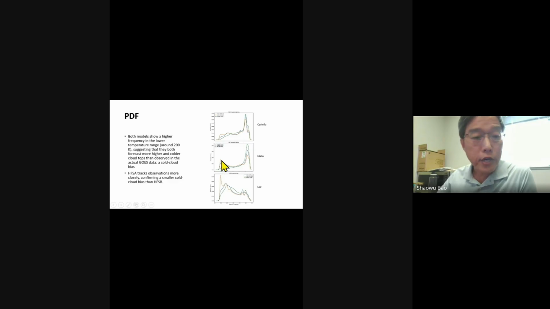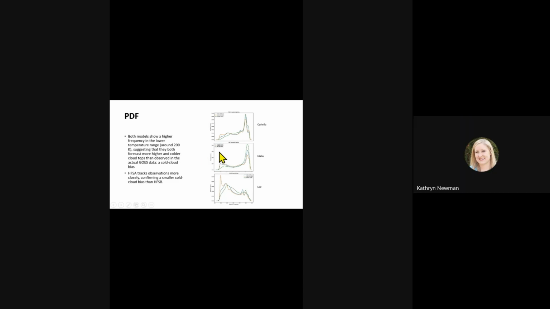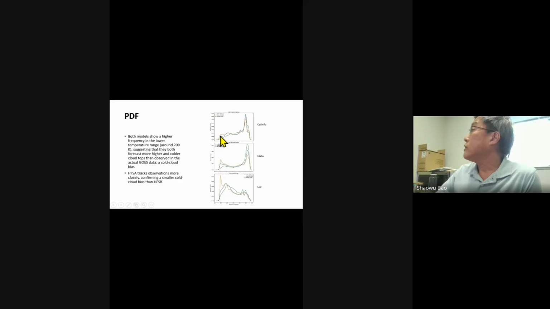Here, I'm not sure if you guys can see my mouse pointer. Okay. Yes. So you can see this is observation. Here is HAFS A, and this orange is HAFS B. From all these 3 PDFs, you can see those models tend to have a higher frequency here, higher frequency here on the cold temperature side, and underestimate the frequency on this warm temperature side here.